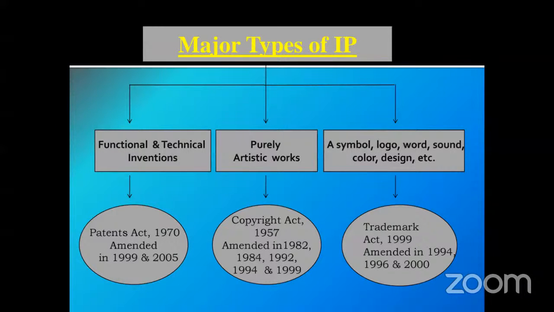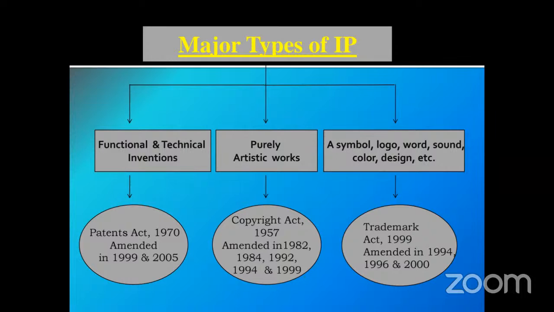So the major types of intellectual property are the product of the human mind, the product of human skills. So they are functional and technical inventions. Whatever functional and technical inventions have some valuable worth in a market or for human beings or for a society, that comes under the Patent Act.